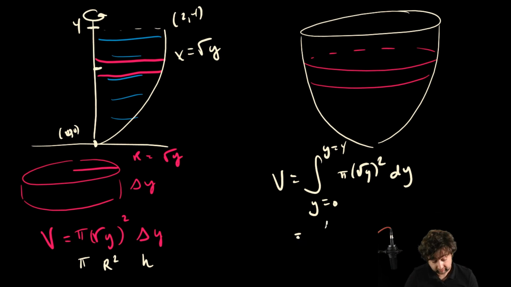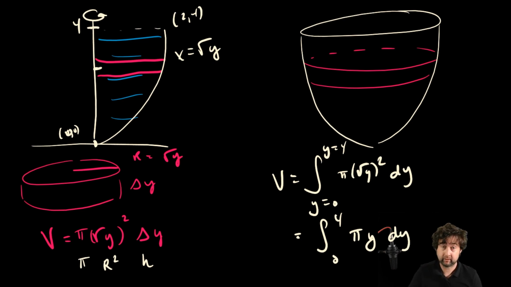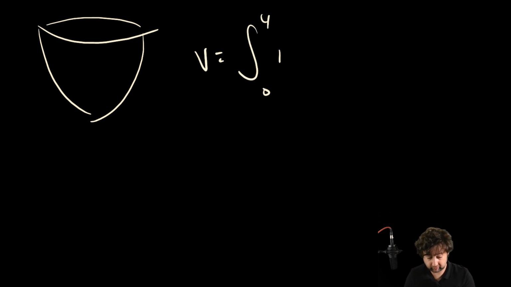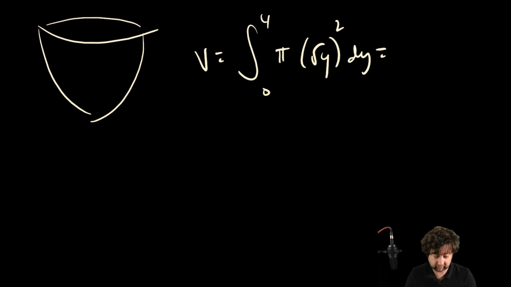So this is just the integral from 0 to 4 of pi y dy. And the last thing we need to do is just to do the integral. So the volume is equal to the integral from 0 to 4 of pi root y squared dy, which is the integral from 0 to 4 of pi y dy.